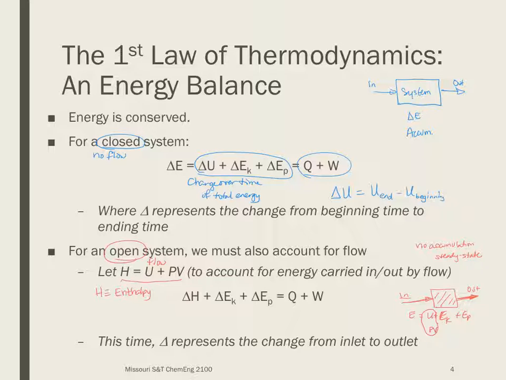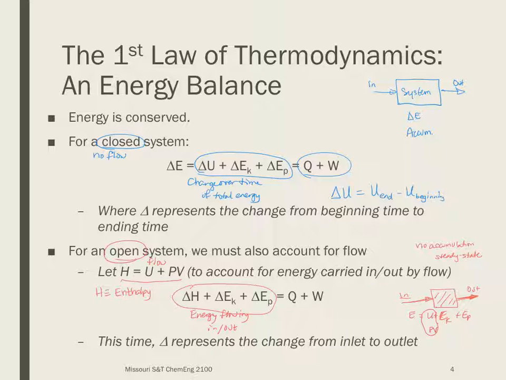And so the energy that flows in and out is H and E sub K and E sub P. We define, therefore, that energy flowing in and out as delta H plus delta E sub K plus delta E sub P. But now that I'm not talking about a beginning and end of time, remember I said there's no accumulation.